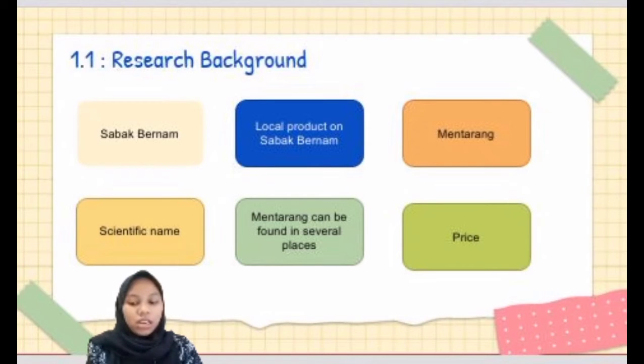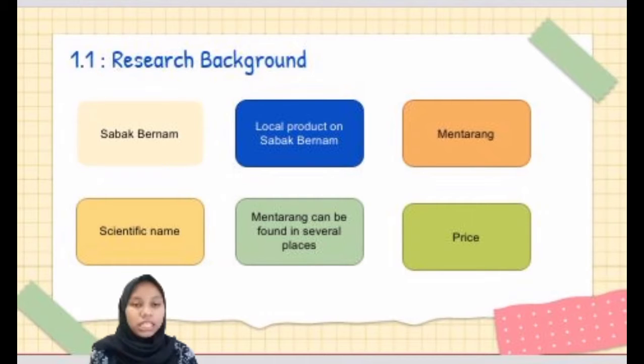The district is mainly a farming area, and the main economy is agriculture activity. The local products of Sabak Bernam are pineapple, mentarang, banana and cassava.